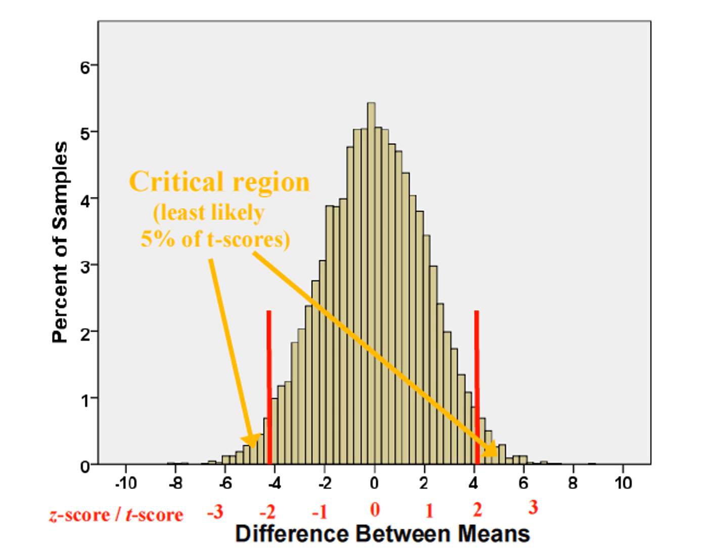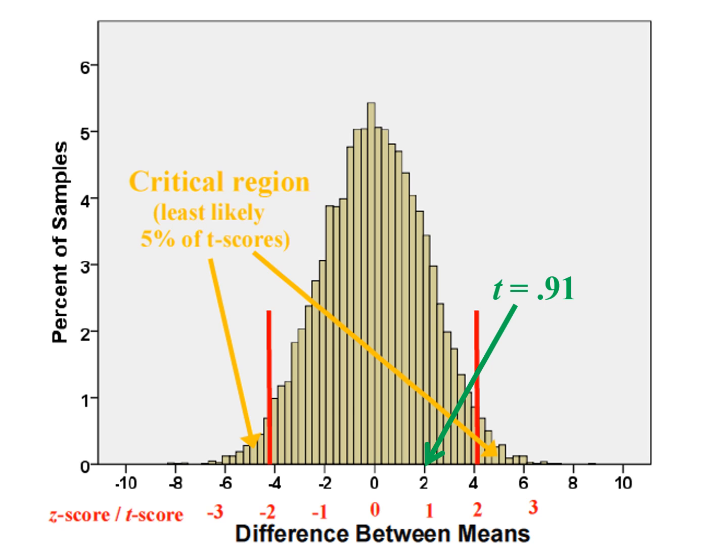Anything between them represents the 95% most common scores. That is, 95% of the samples in the distribution have scores between these two bars. Only 5% of the samples fall outside the bars, and these are being shown to you with the yellow arrows. We say that they lie in the critical region. These are the least likely of all the t-scores.